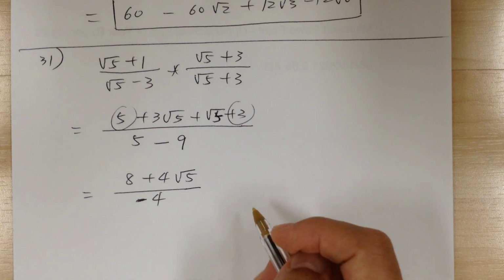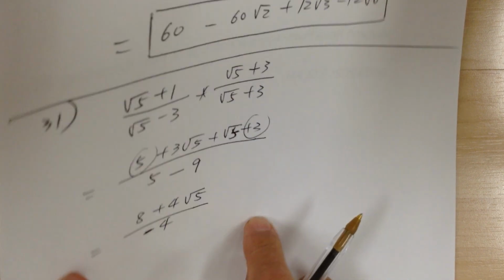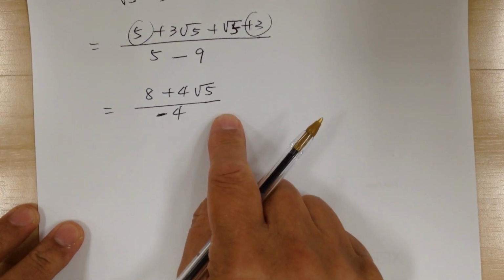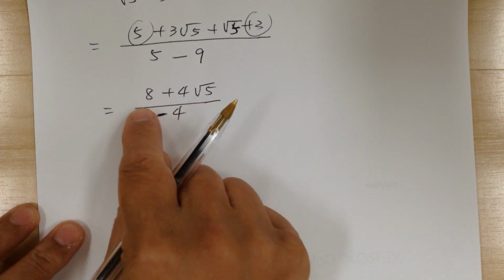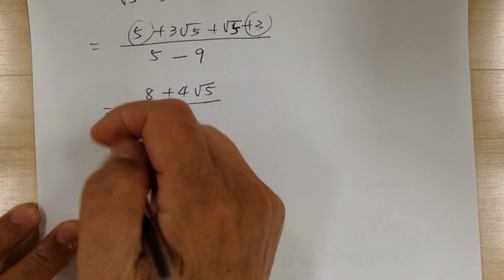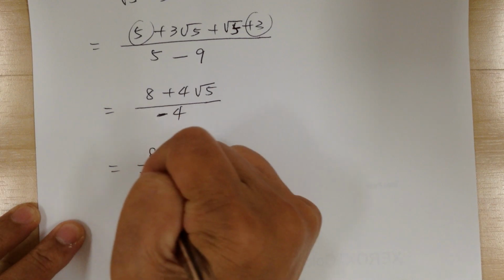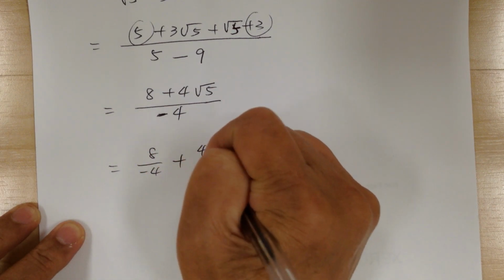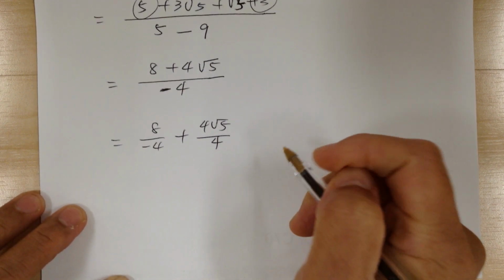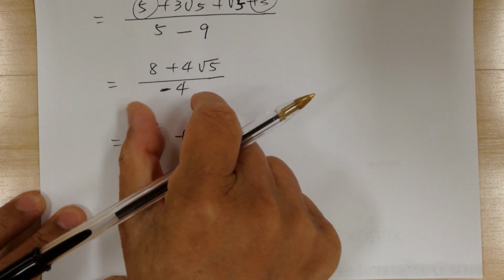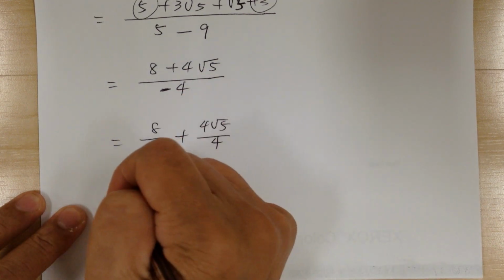Okay, the next step is, notice all these are multiples of 4. You can either factor, but since you have not learned factoring yet, what you want to do is go and separate. Go and undo your common denominator, and you simplify each part.